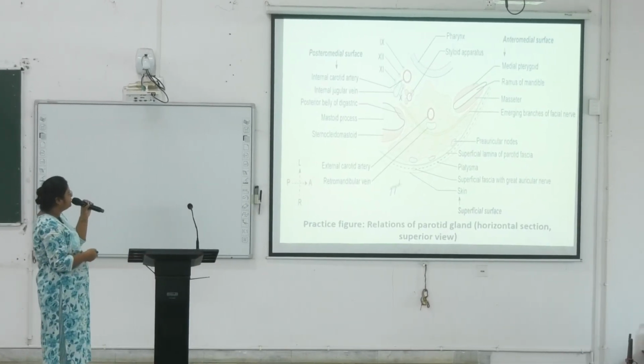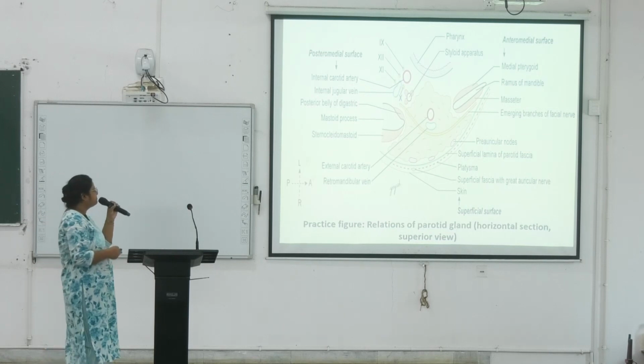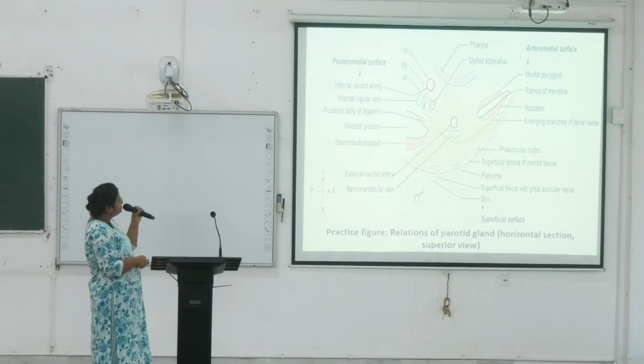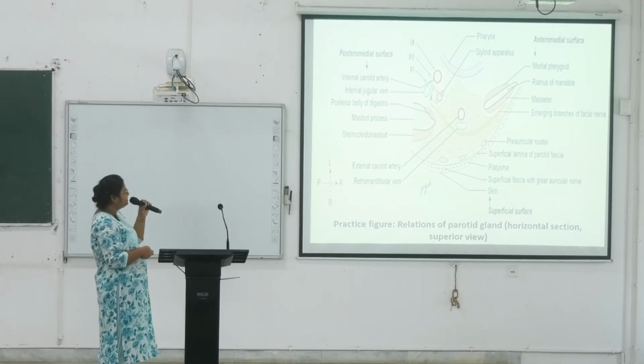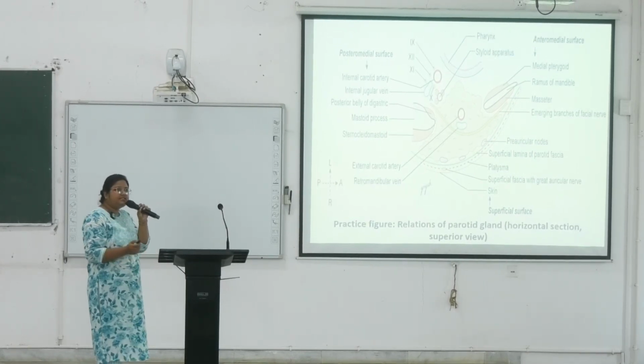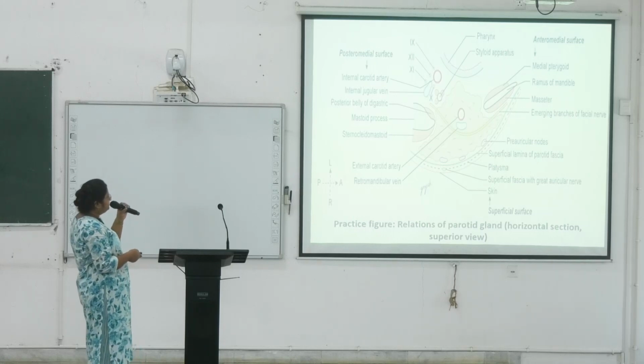See here, this is also a cross section. See the relations here. This is the anterior border, posterior border, medial border, anteromedial surface, posteromedial surface, and lateral surface. See the relations of the lateral surface.